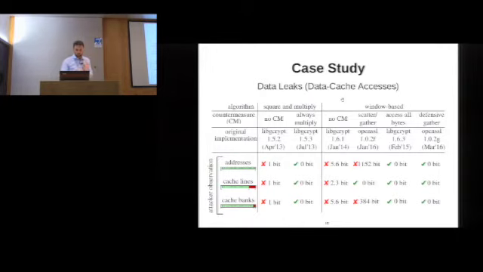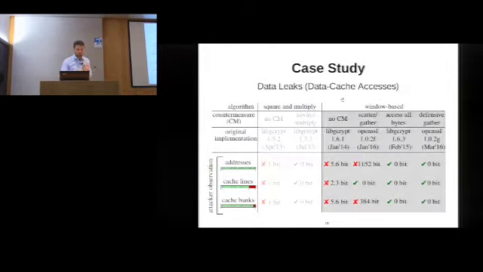Right, and so these are our results. I will just focus on the right-hand side. So here in the first column, we have an implementation which does not deploy any countermeasure. Our tool reports it as leaky. And on the right-hand side are the two last fixes from libgcrypt and OpenSSL.